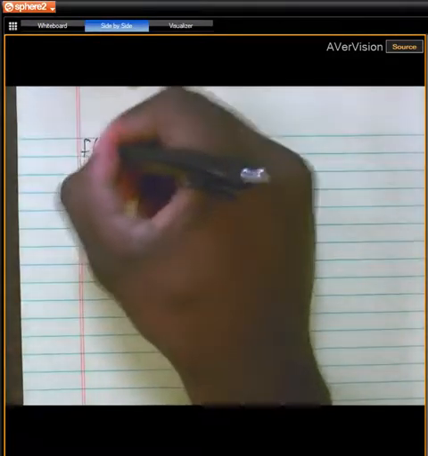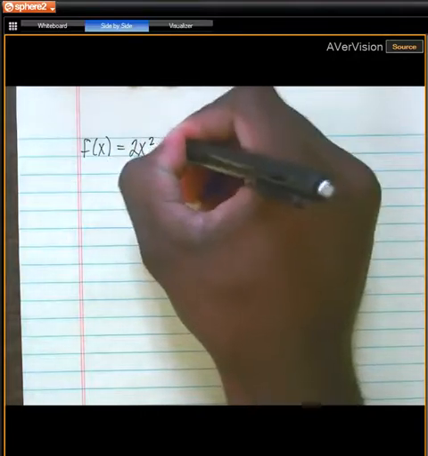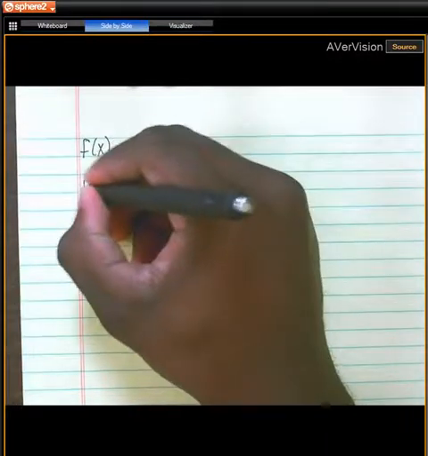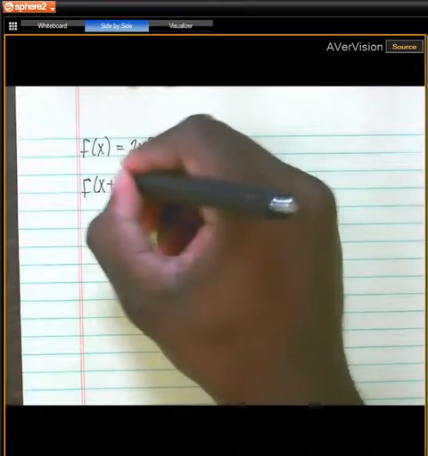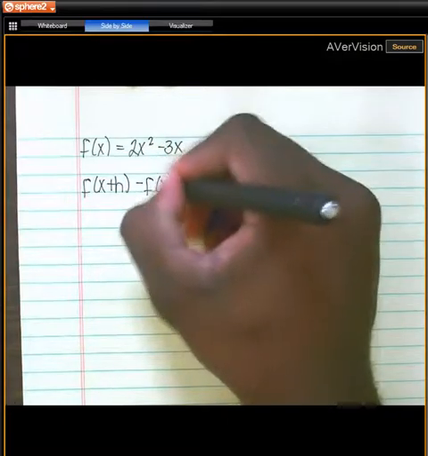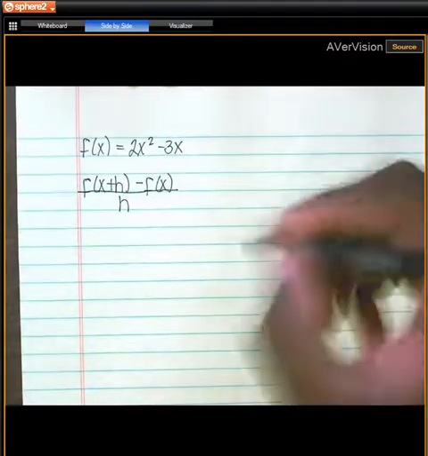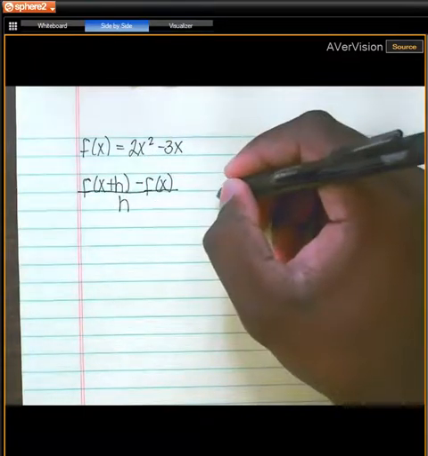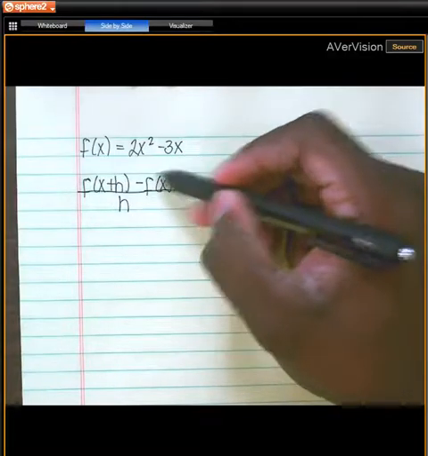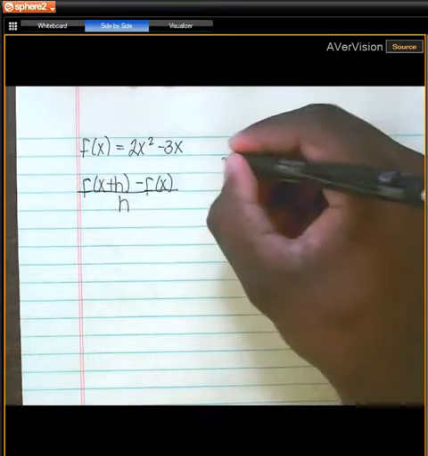We have f of x is equal to 2x squared minus 3x. That's the given. And we want to find f of x plus h minus f of x, divided by h. So we can break this into two parts. The second part we actually already know because that's what they gave us, but this part is what we need to find.